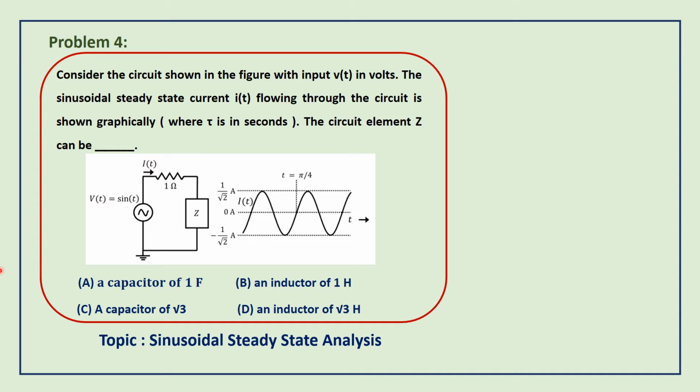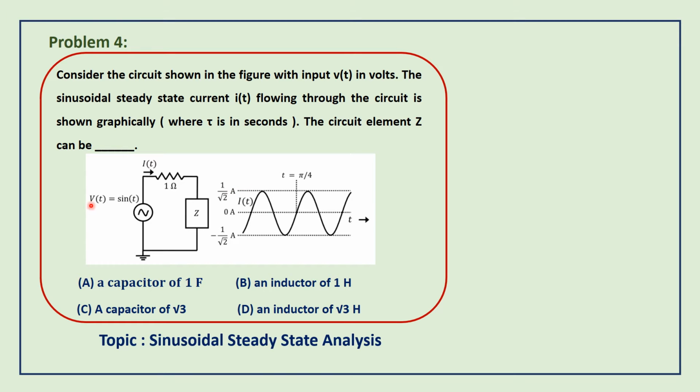Now we can analyze the question. This circuit consists of the signal V(t) = sin t, a sinusoidal waveform. In the graphical plot, the I(t) curve is given, and the amplitude of I(t) is given as 1 by root 2 amps.